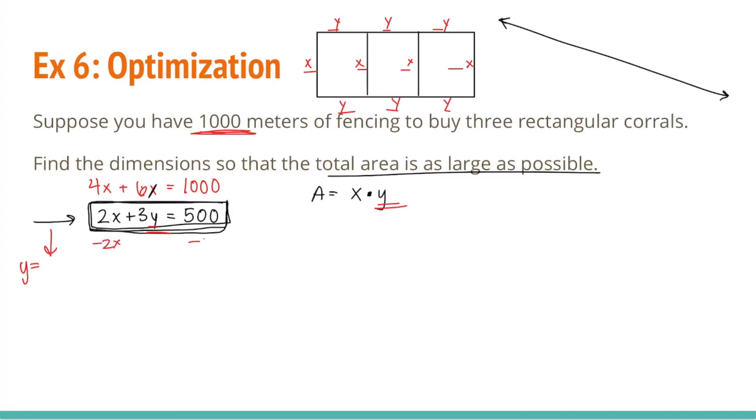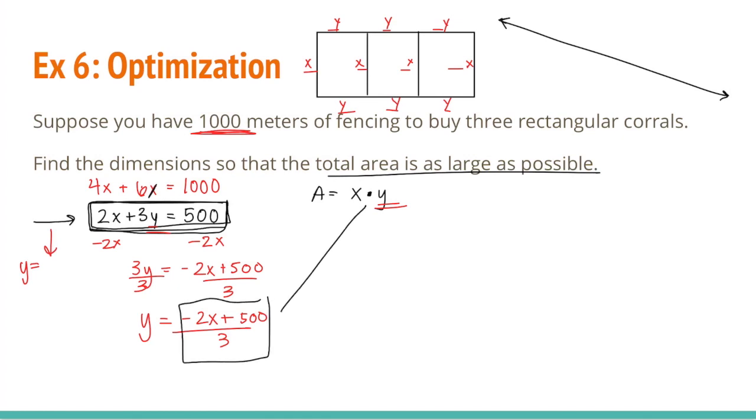So to do that, I'm going to subtract 2x from both sides. I get 3y equals negative 2x plus 500. We have to divide by 3. I get y equals negative 2x plus 500 over 3. Okay. So now I'm just going to substitute that amount up in here.